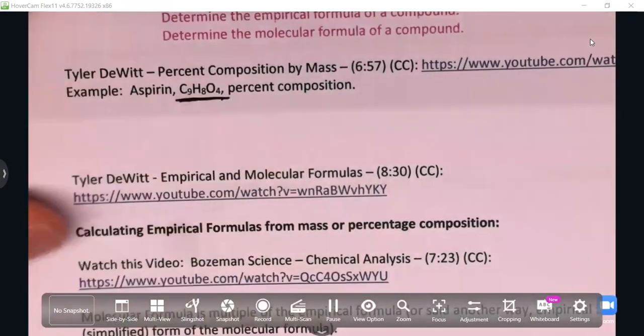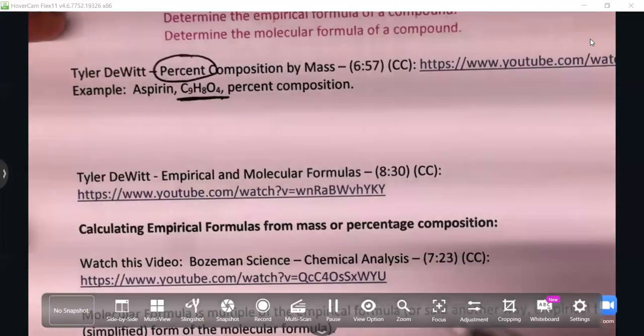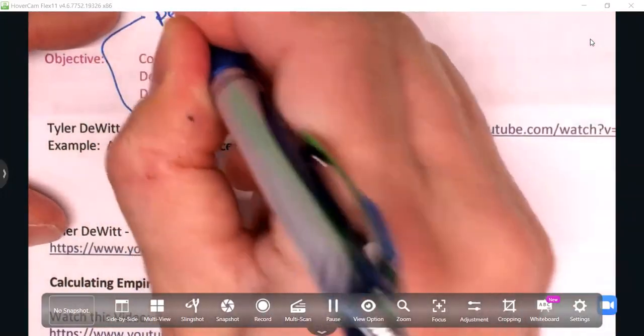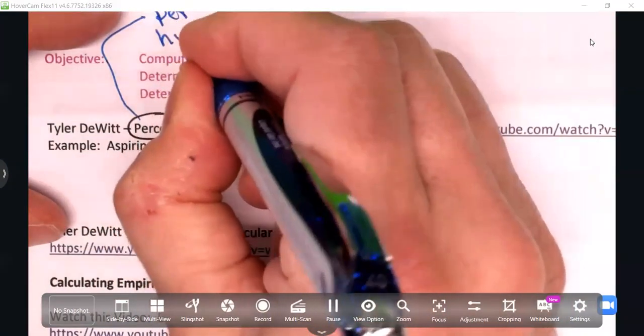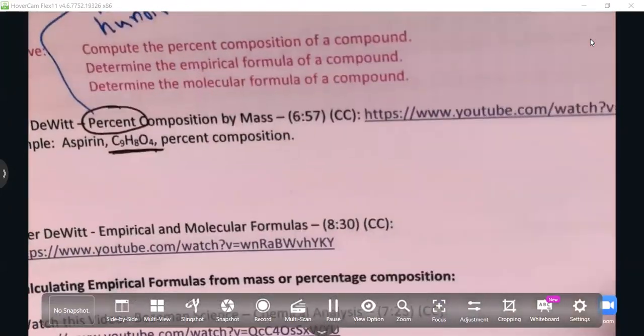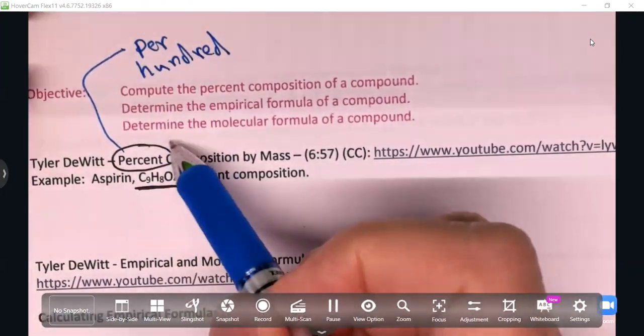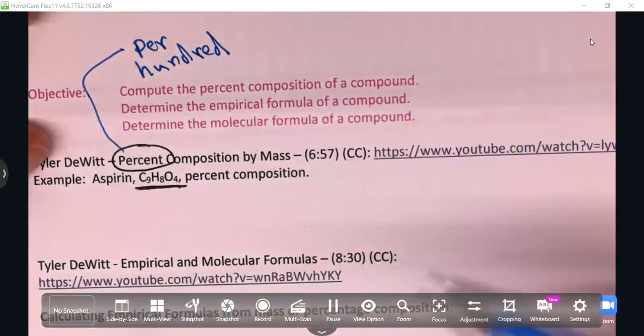Now, what does percent mean? Percent really means per 100. But I can't say how many males are in here out of 100 people, right? Because we don't have 100.